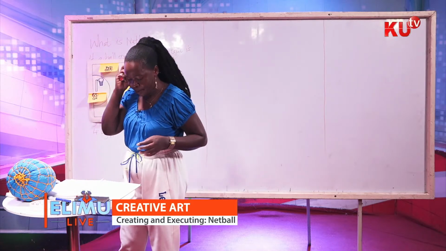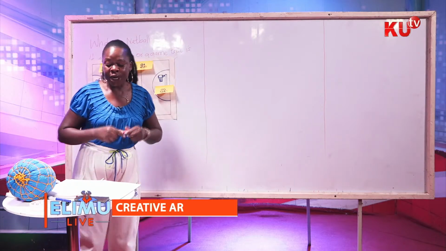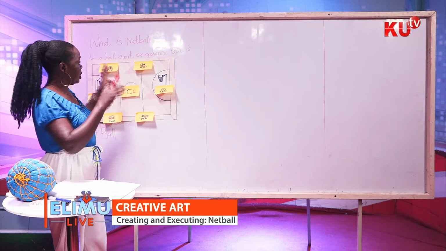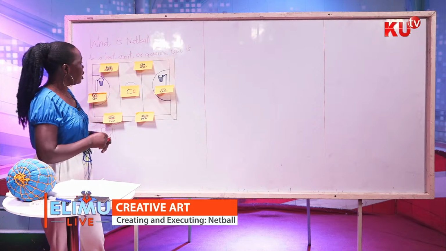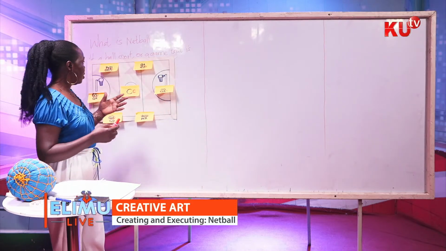Are we together? I have also said that we need a netball court to play the netball. And within the netball court, there are 7 positions. Each position has 2 participants. They are paired. Okay?